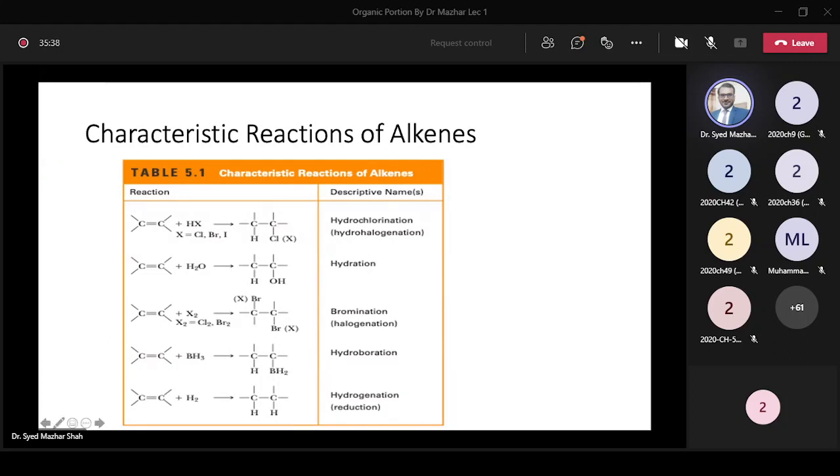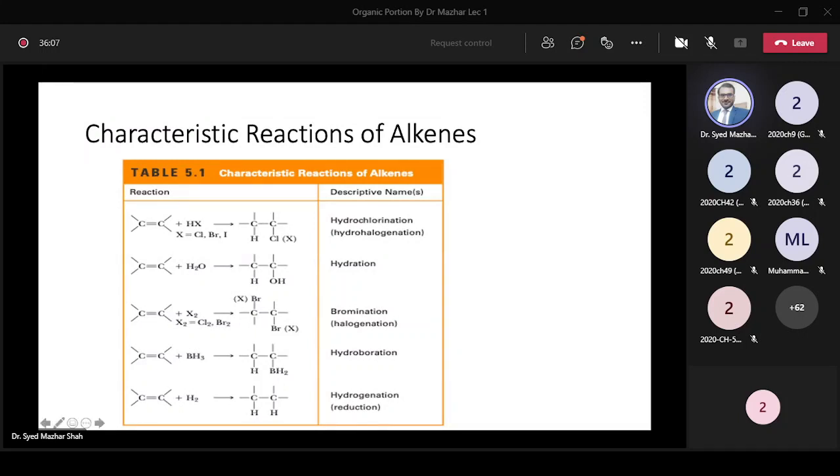If we add HCl, HBr, or HI, they will add across these 2 carbon atoms joined by the double bond, and the product would be an alkyl halide, right? That is another functional group, because carbon is bonded to a halogen, so we call them alkyl halides.